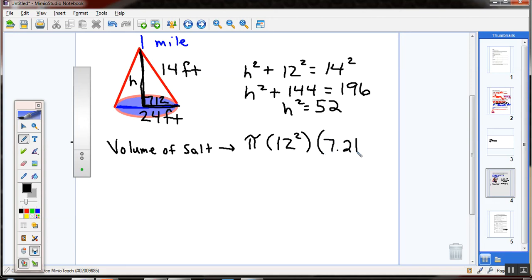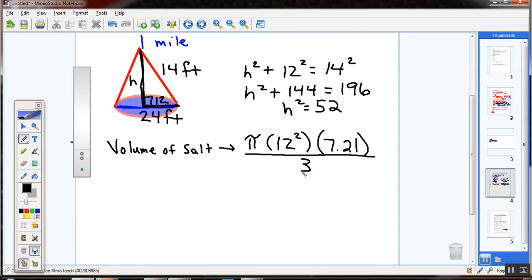Now, since it's a cone, by formula, what do I have to divide by here? What do I have to divide by? 3. Yep, divide by 3. Okay, so do this for me first.